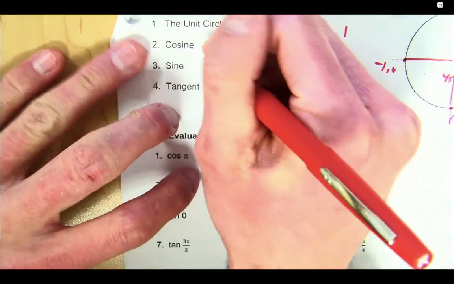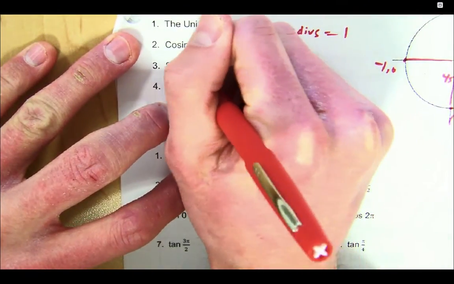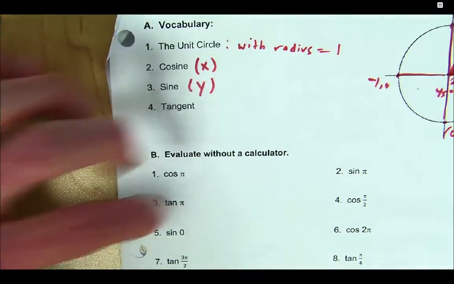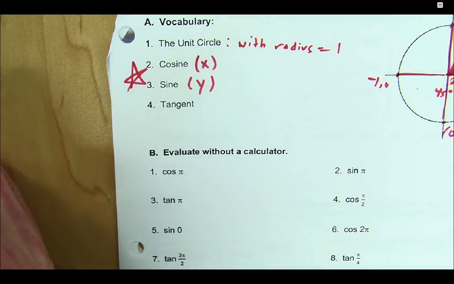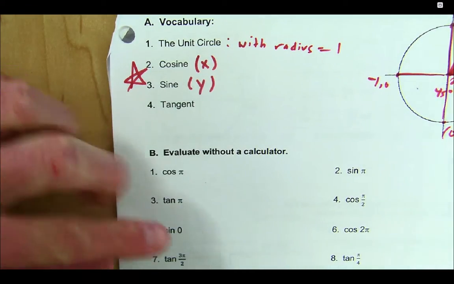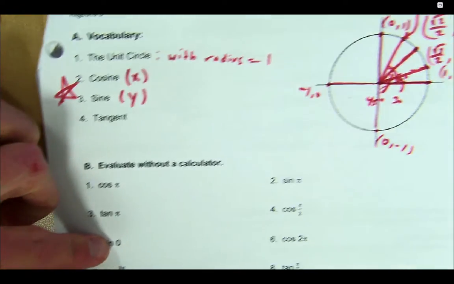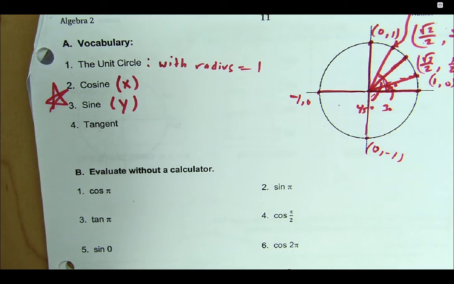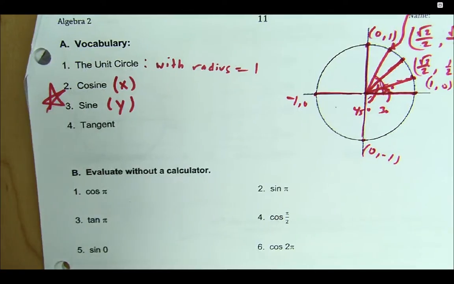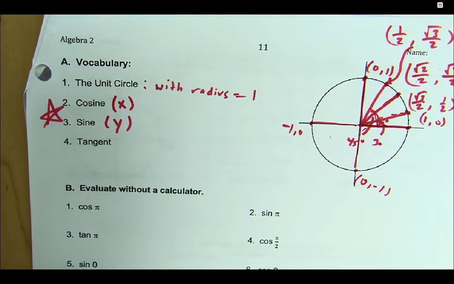Which is why, when you come to the unit circle, cosine will always be your x value, and sine will always be your y value. We'll do some examples of that in just a second, but it is very important that you realize that cosine is x and sine is y.